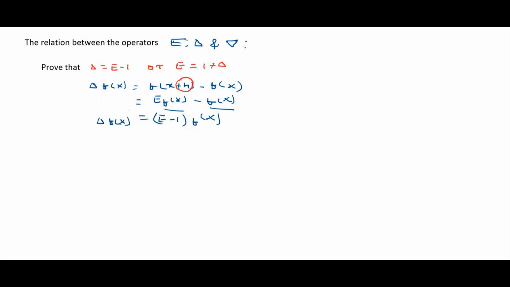On both the sides, f of x cancels, so we are left with delta is equal to E minus 1, or we can also write it as E is equal to, if you transpose this minus 1 to the left hand side, you will get 1 plus delta.